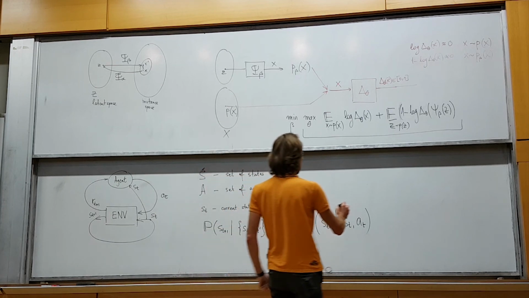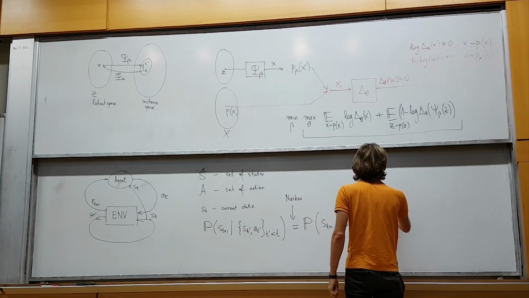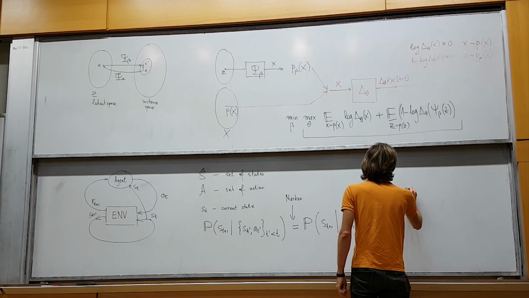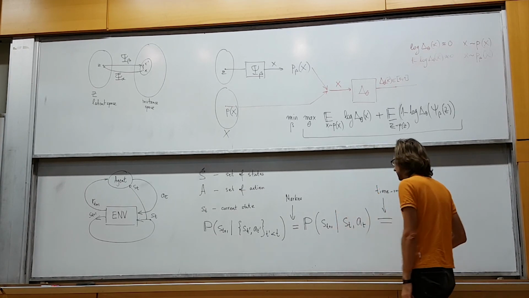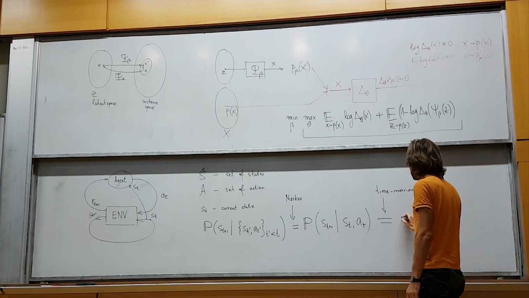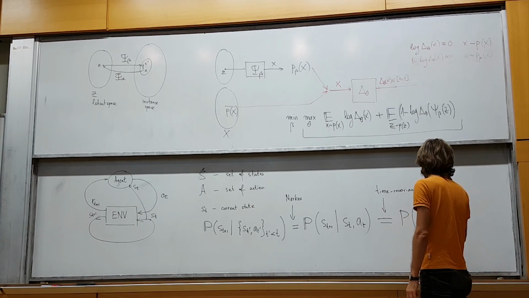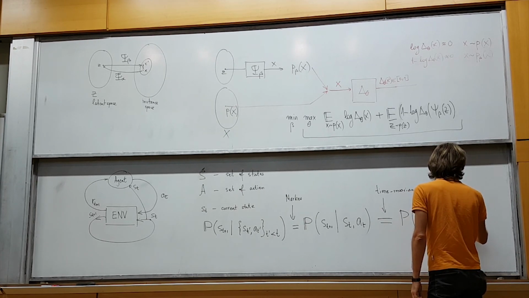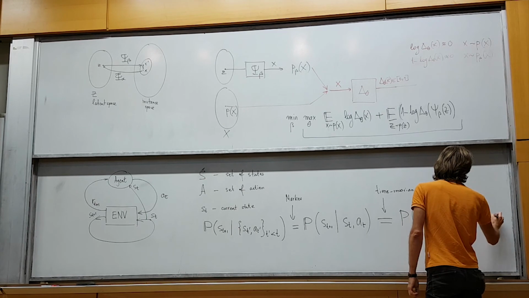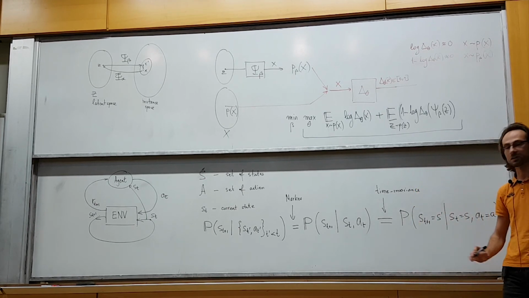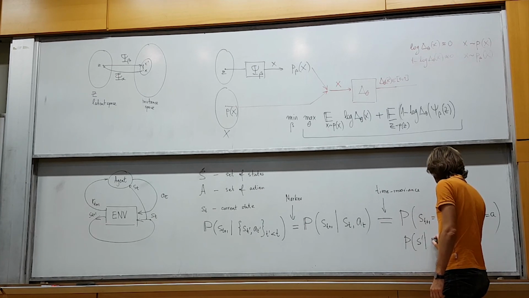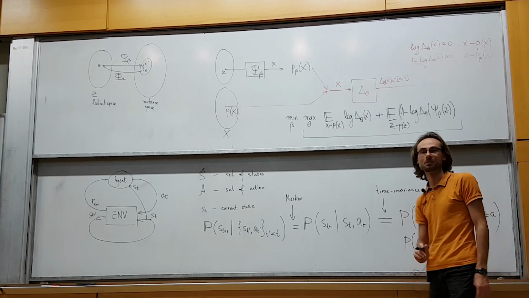This is basically time invariance. Then I can simply encode this transition probability by P of ST plus 1 equals S prime, given ST equals S and AT equals A, and I will simply specify this transition probability P of S prime given S, A without specifying the time.